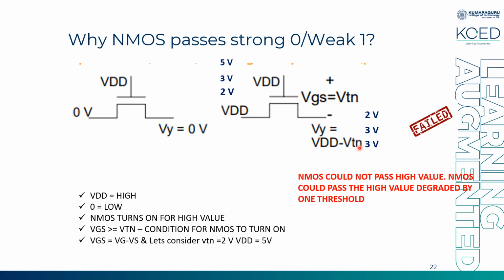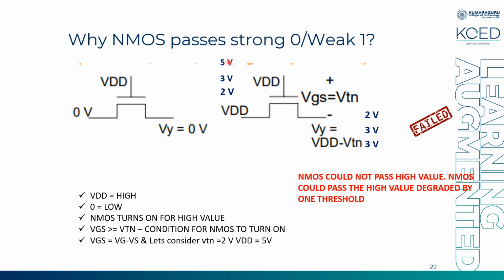So when you consider the value that is given across the source, for example, I have taken the VT as 1 volt and VDD as 5 volt. If I'm increasing linearly, from 2.1, 2.2, from each and every voltage till 5 volt, if I analyze, I'll be getting the voltage here as VDD minus VTN.